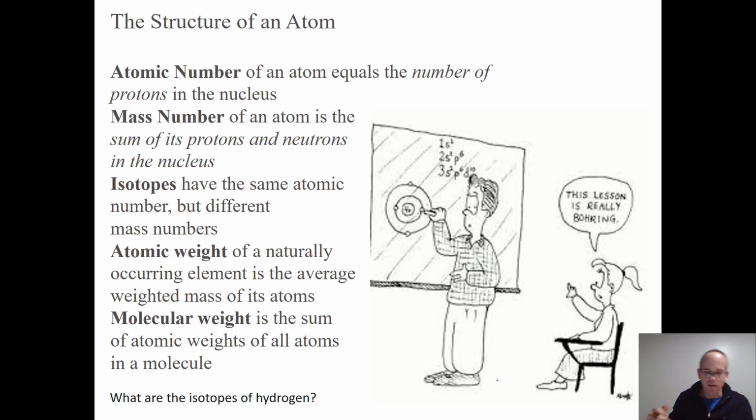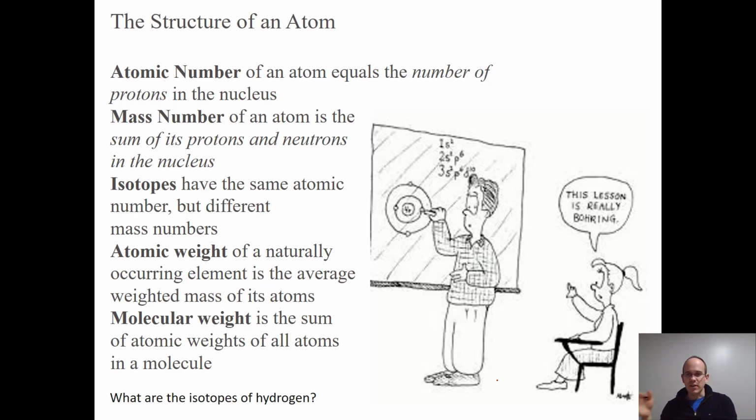Atomic weight is the average of all of the naturally occurring isotopes. So this becomes important. Atomic weight is something we need to take a moment to describe here, because when you see the weight of an atom or an element reported, it's typically the atomic weight, which is the weighted average of all of the naturally occurring isotopes.